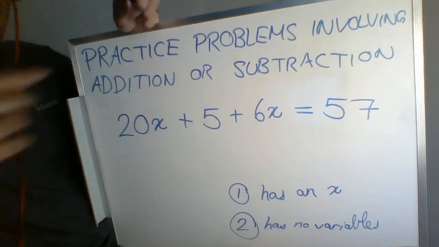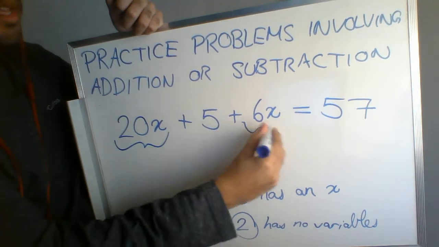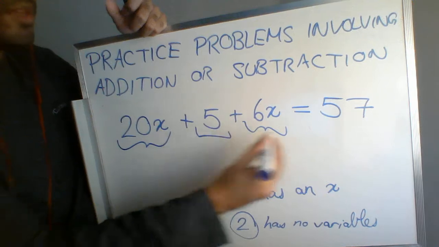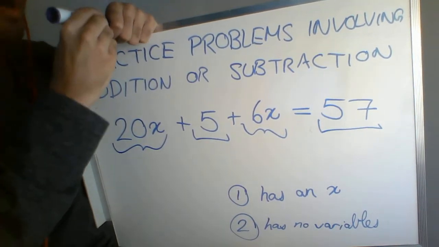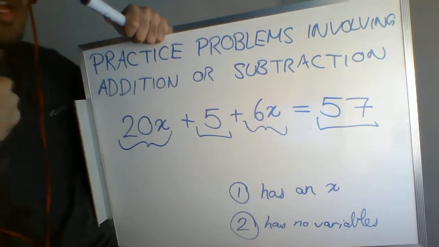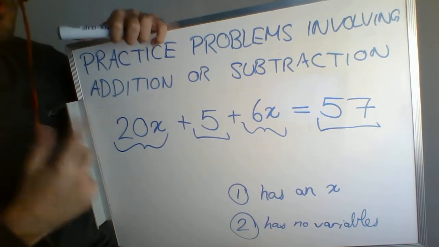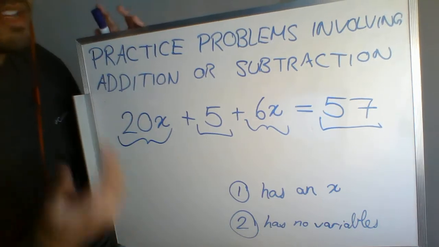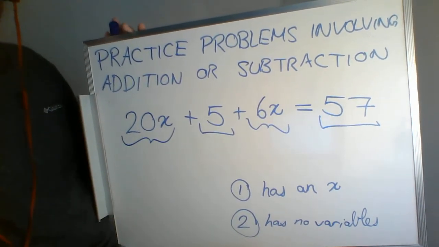So when it comes to adding and subtracting, this term and this term could be added or subtracted from one another, and this term and this term could be added and subtracted from one another, but nothing else. You can't do 20x plus 5 and just get an answer, unless you know what x is, but then you wouldn't have any variables because you know what x is. It would just be full of numbers. Anyway, we'll come back to that.